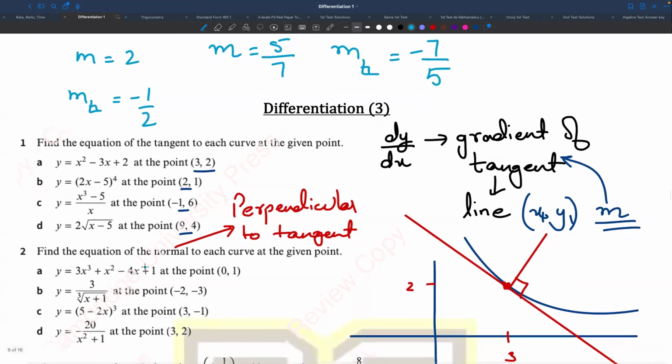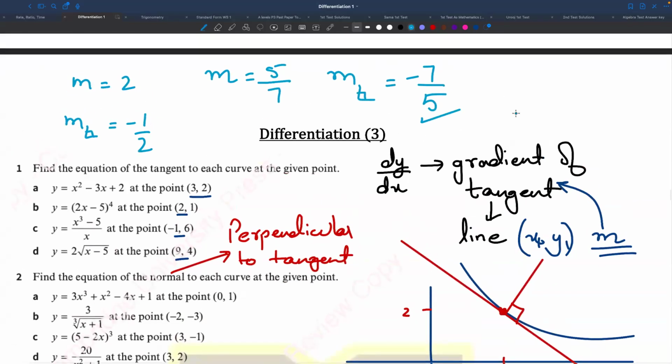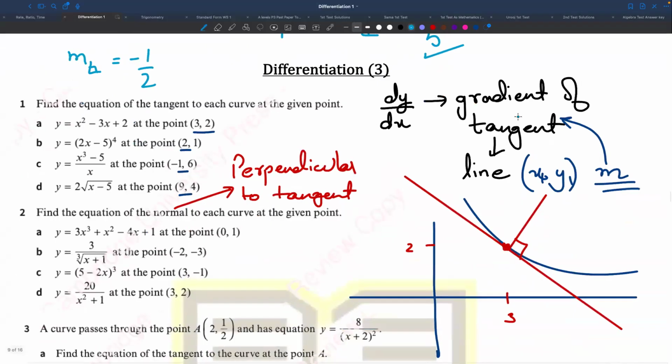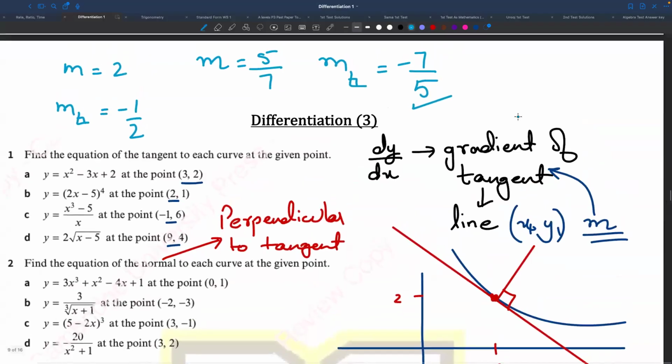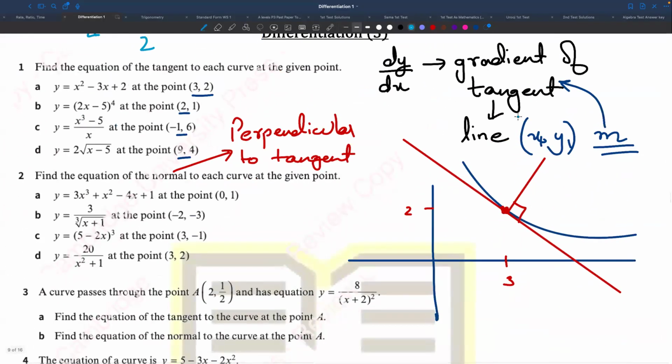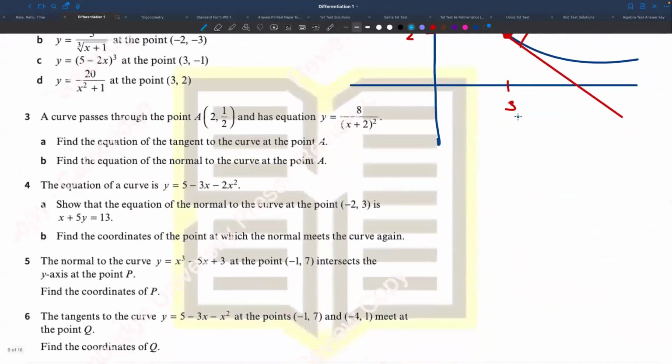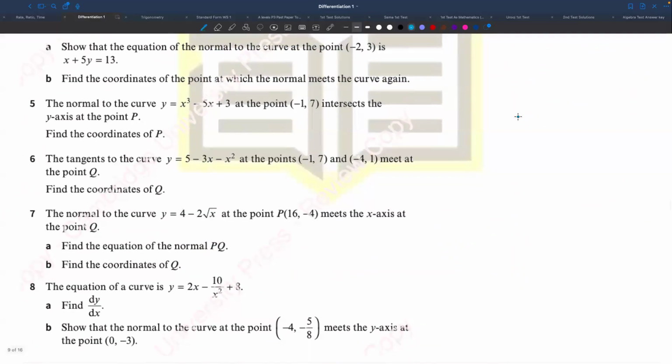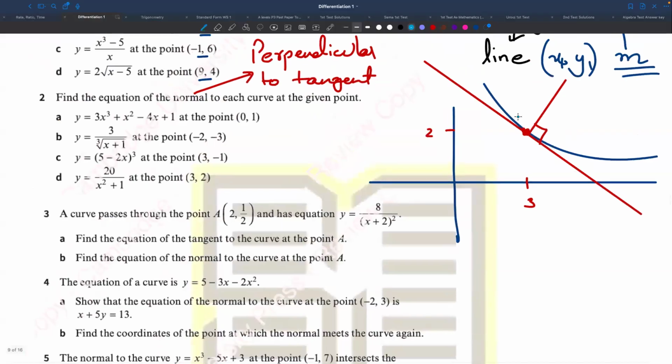And that is it. Once you have the gradient of the normal, how will you get it? You will find dy/dx, put in the x value, and then just take the negative reciprocal. This is something you have done before, okay? And that's it. That's it. We are done with differentiation.